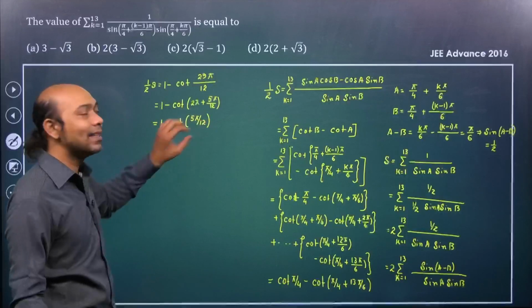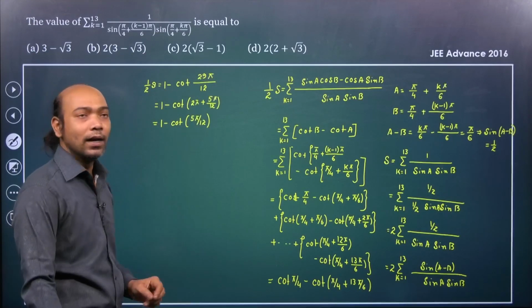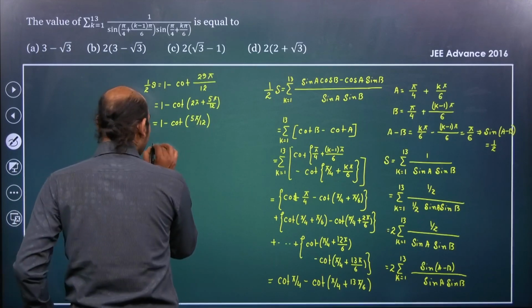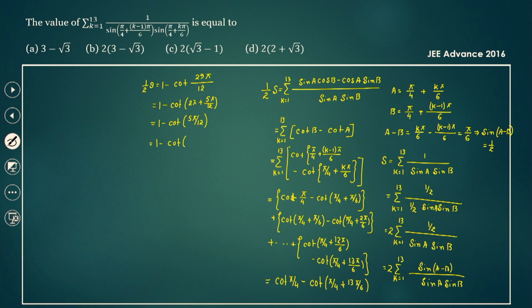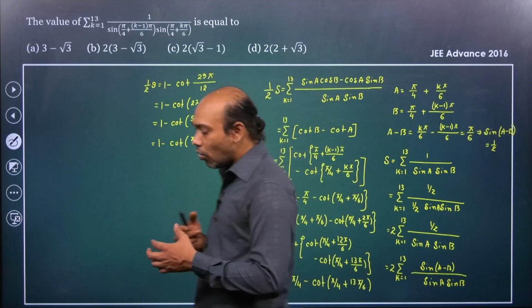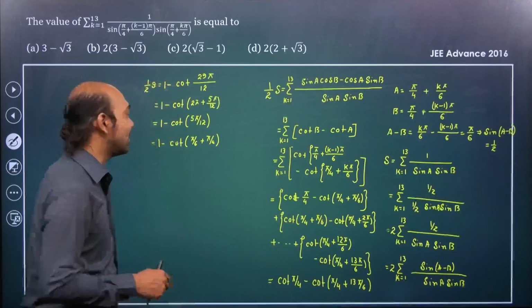Now we have to get that 5 pi by 12. That also needs to be calculated. So observe that this can be easily written as 1 minus cot of pi by 6 plus pi by 4. Yes, that's correct. Now we need to apply the cot formula. Generally we can't remember the cot formula, right? So let's calculate the tan one first.